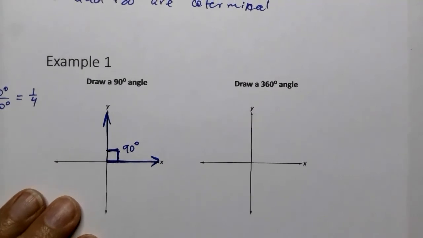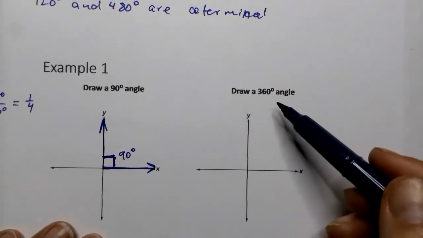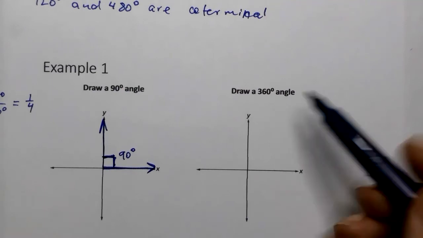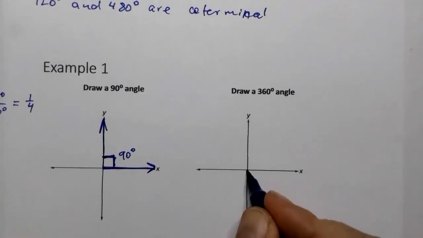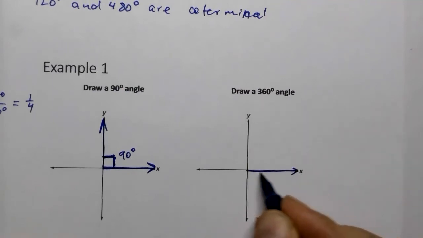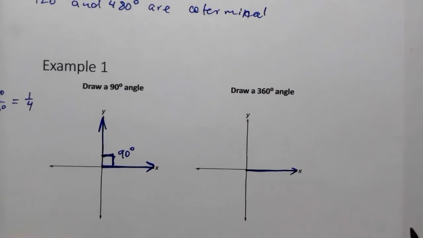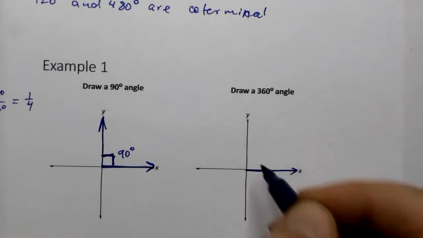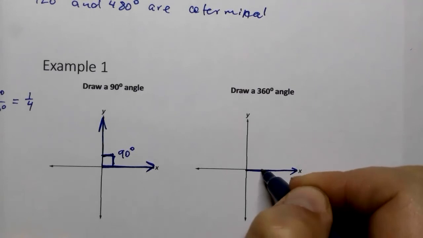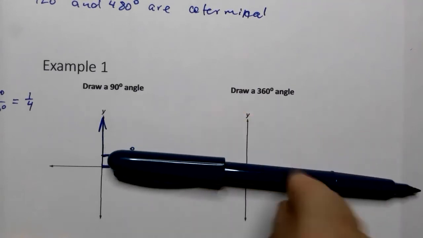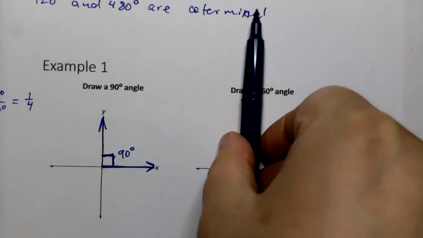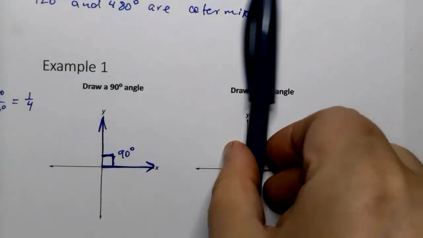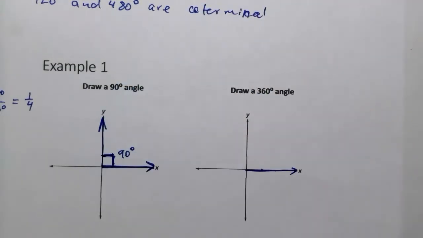Okay, so now how to draw a 360-degree angle? Well, you start with your initial side in a standard position, and then as we rotate, 360 is a full circle counterclockwise.